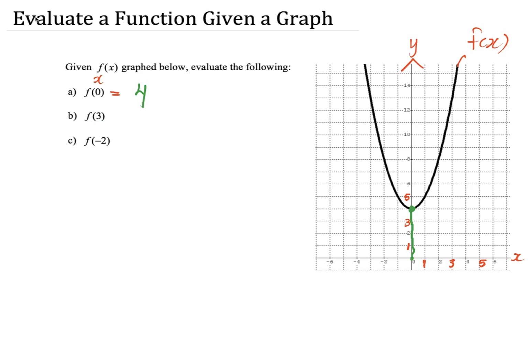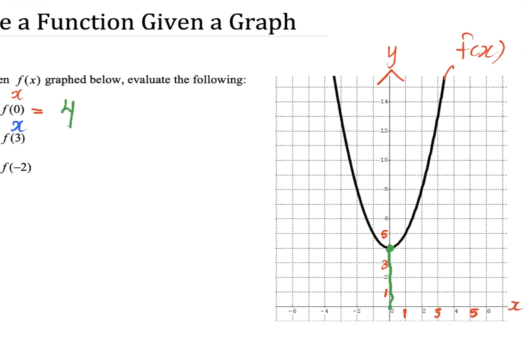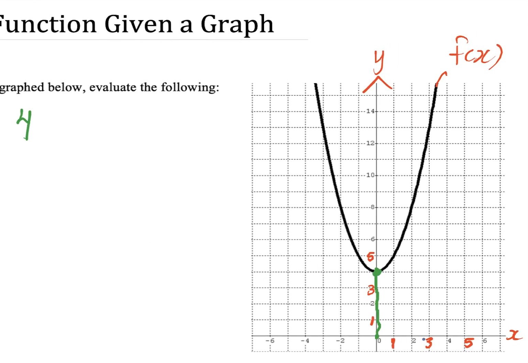Let's find f of 3. Remember, the 3 is your x value. So let's go to the x-axis and find 3. It's right here. We must get our information from the graph, so we're going to touch our graph, and to do that I have to go up. I'm touching my graph right here.